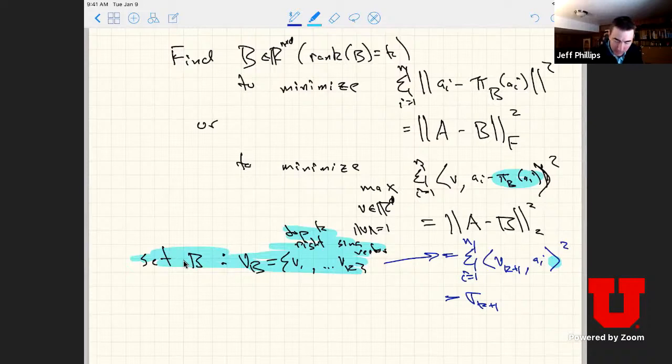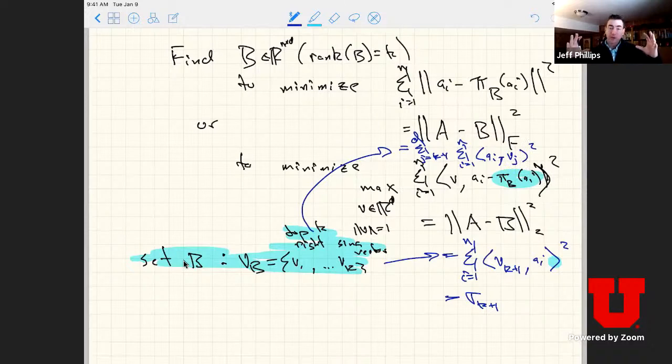And then that means that this term up here is going to be equal to the sum over j equals k plus 1 up to d of the sum over i equals 1 to n of ai dot vj squared. Okay, so instead of just the vk term, the Frobenius norm is doing the vk term plus the vk plus 1 term and so on.